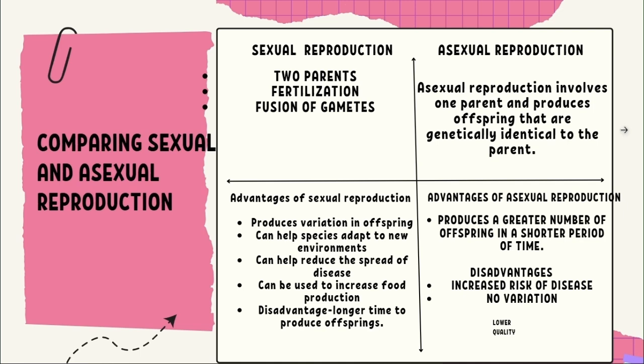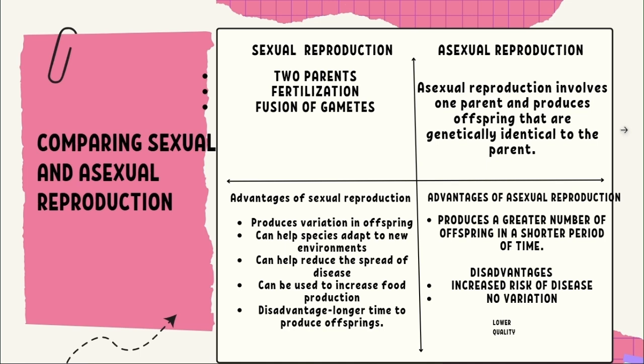So in sexual reproduction, they produce offspring that have variation. And you might say, why does it even matter if there is variation or not? You probably wonder. But variation is very important for a species to survive, basically because variation helps.